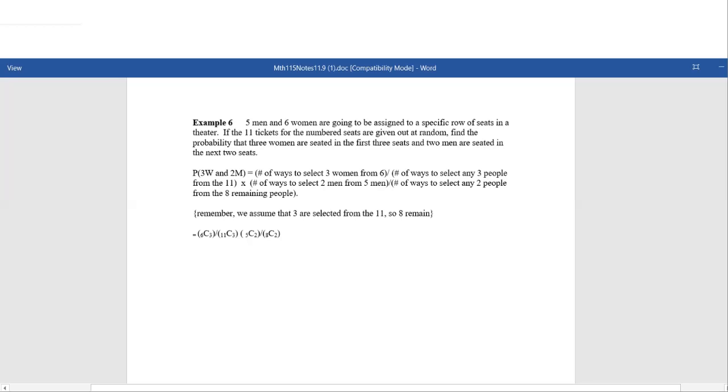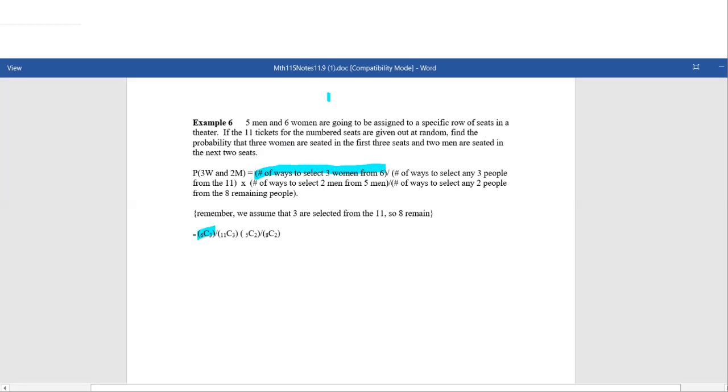What we want is the number of ways to select 3 women. That's this. Number of ways to select the 3 women from 6. That's over here.